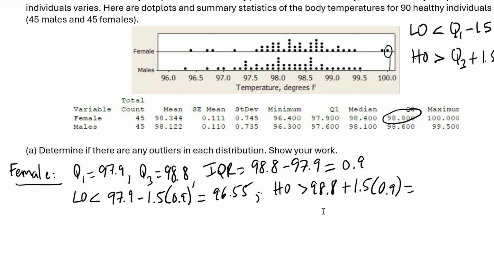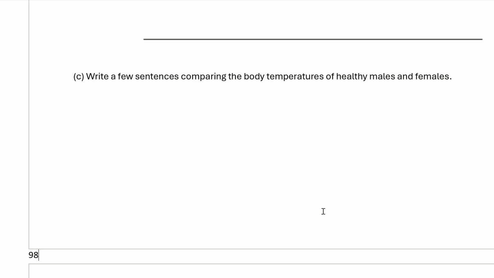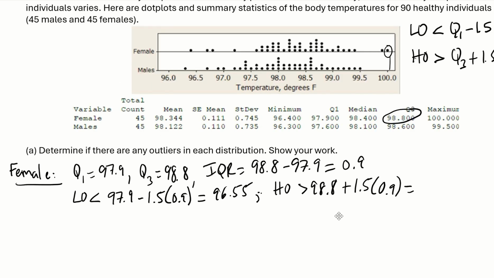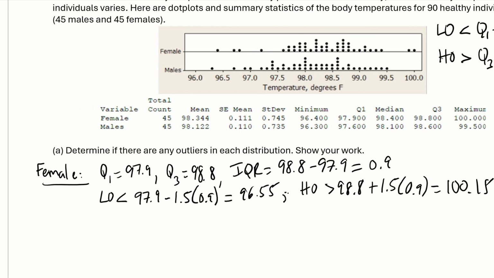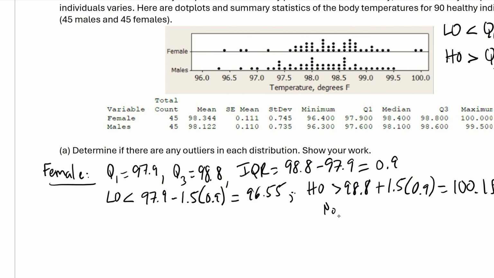I don't know why I put 98.5. So 98.8 plus 1.5 times 0.9 is 100.15. Are there any numbers greater than 100.15? No, because the maximum is 100. So no high outliers for females.